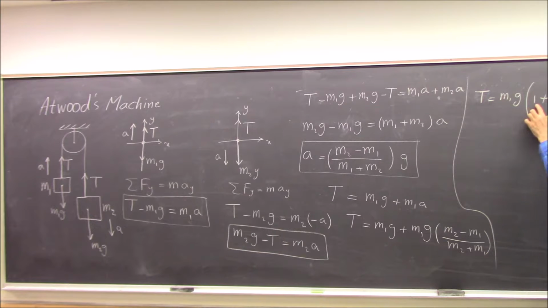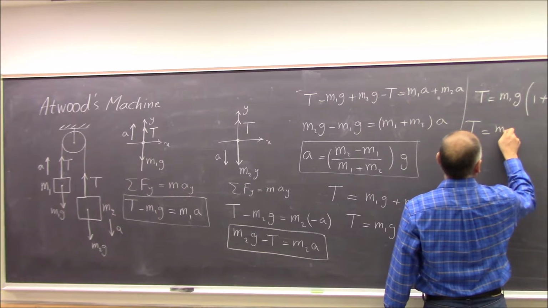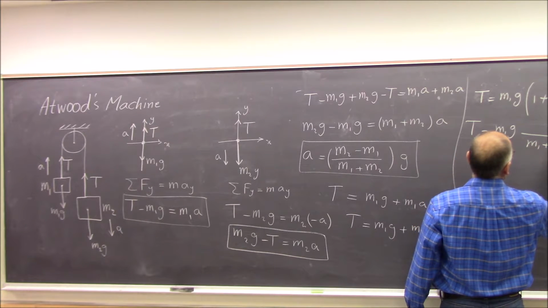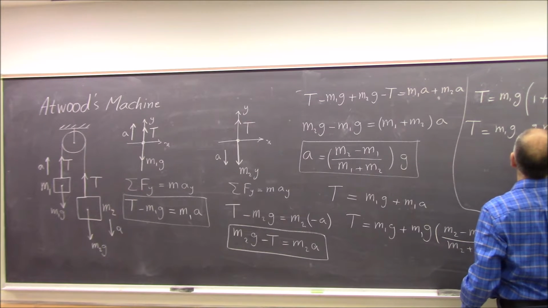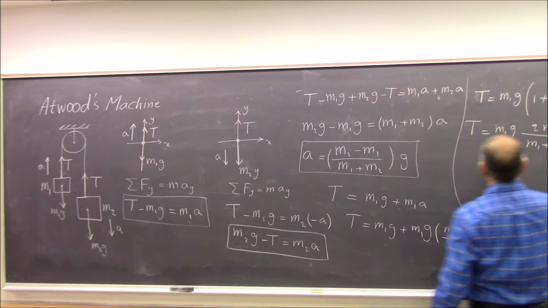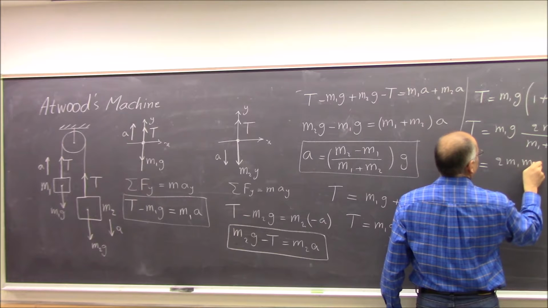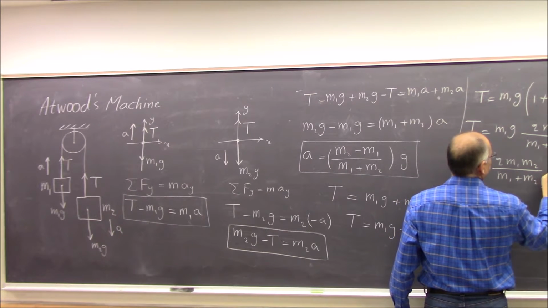And you write this 1 as M2 plus M1 divided by M2 plus M1. Take the common denominator. T will be M1G divided by M1 plus M2 times M1 plus M2 plus M2 minus M1. M1 cancels, get 2M2. And then we can write it as 2M1M2 divided by M1 plus M2 times G.